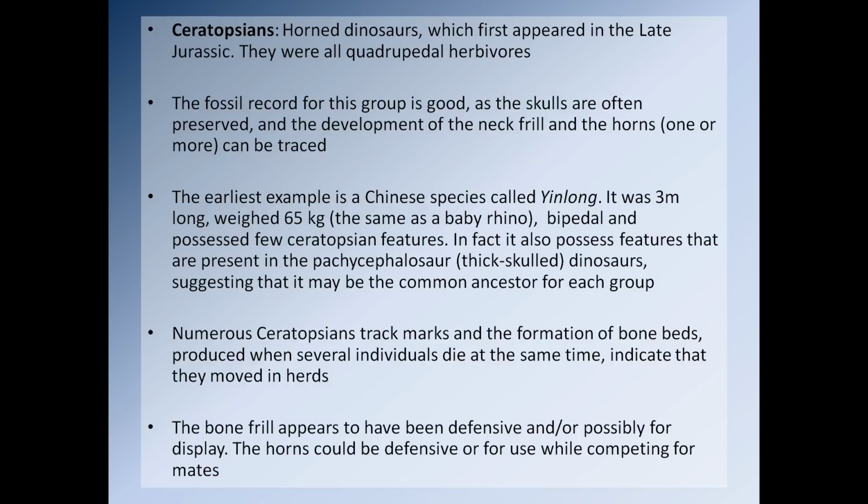They could obviously be for display purposes, maybe to scare off potential predators, or they could have been for mating purposes. Maybe males with larger horns would have been preferred by Ceratopsian females. Don't really know about that point. And of course, there's the other possibility that has been suggested: they could have been used for competing for mates.